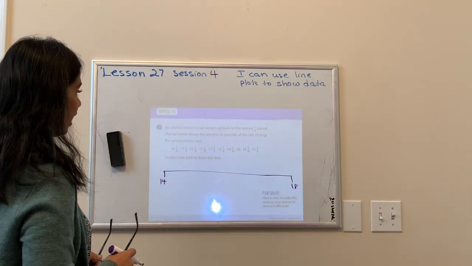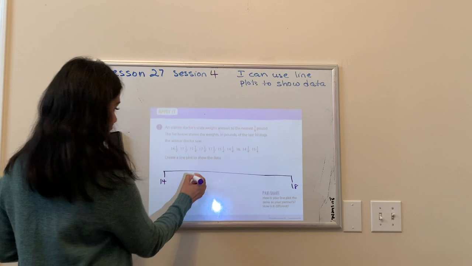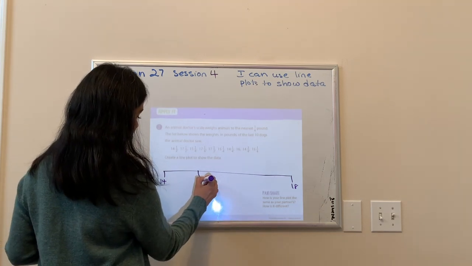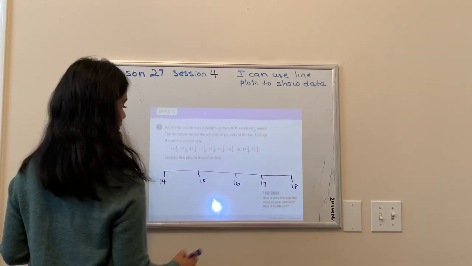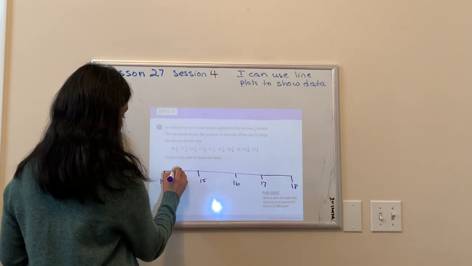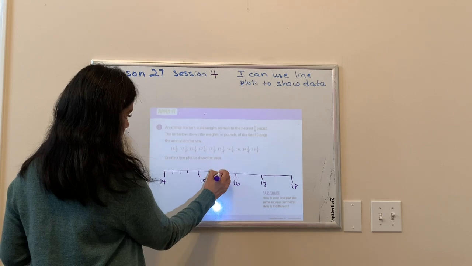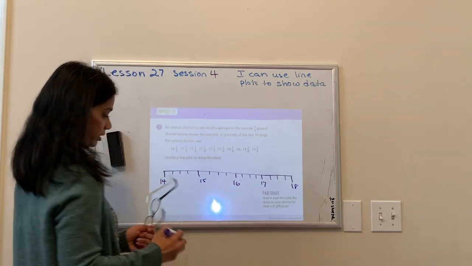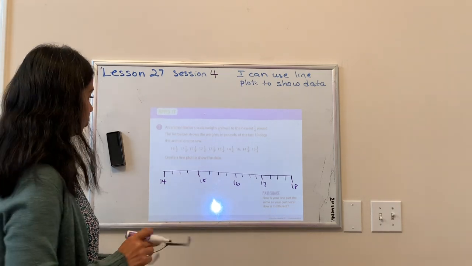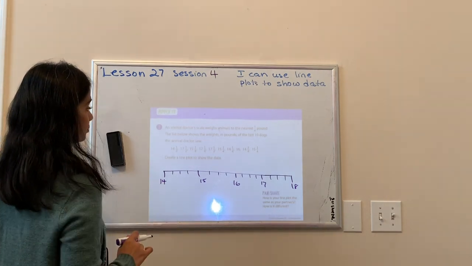And it's in halves and quarters, so between 15, 16, 17, I'm going to go in quarters. So 1, 2, 3, 1, 2, 3, 1, 2, 3. Which means each one of those is going to be a quarter.